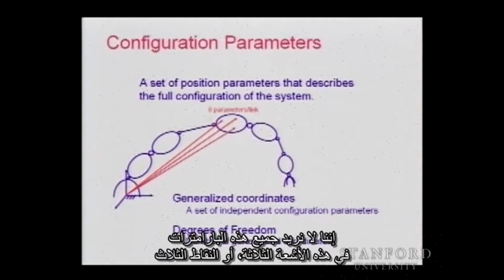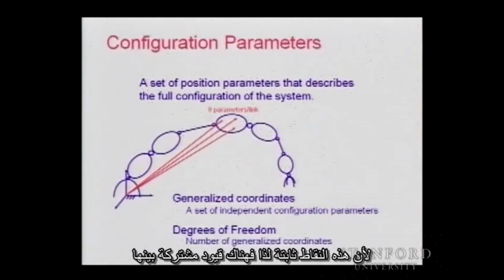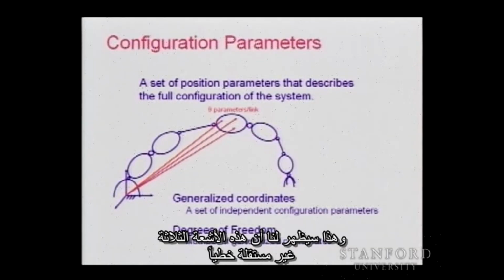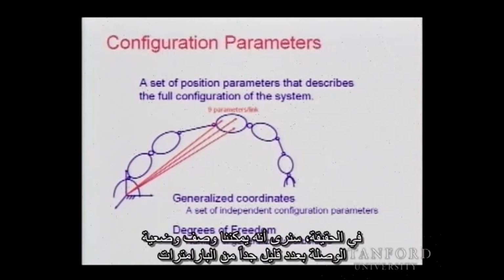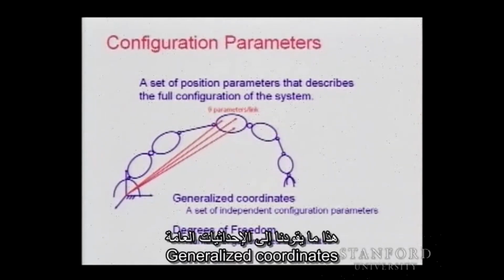We don't need all these parameters in those 3 vectors, 3 points, because the points are fixed. So there is a constraint between these points, and that is going to show us that these 3 vectors are not independent. In fact, we will be able to describe the configuration of the link with much, much fewer parameters. So that brings us to generalized coordinates.